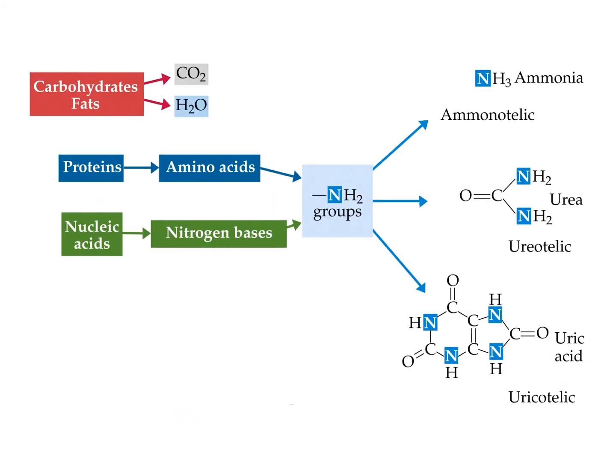Now, I wouldn't worry too much about this chemistry, other than knowing that there are ammonotelic, ureotelic, and uricotelic organisms, which get rid of their nitrogenous waste as ammonia, urea, or uric acid, which is quite insoluble. I don't worry about the chemical structure.